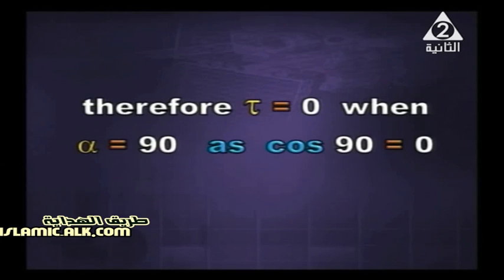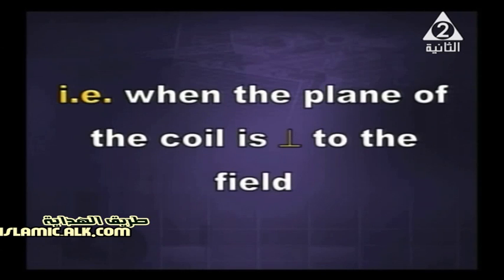So the torque will be 0 when the angle between the plane of the coil and the field is 90 degrees, since cosine 90 equals 0. That's to say, when the plane of the coil is perpendicular to the field. This happens in the vertical position.